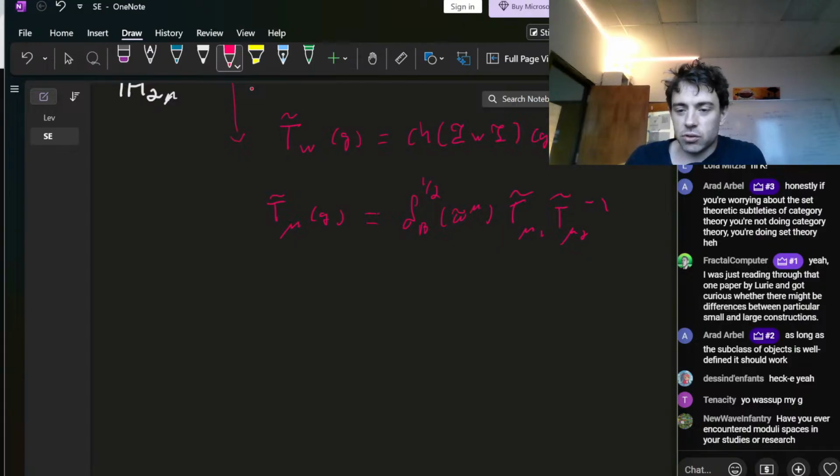Have I ever encountered moduli spaces in my studies or research? Yeah, certainly. The varieties that I work with can be thought of as a coarse moduli space of Langlands parameters. In a sense, I work with some moduli spaces. I have some very old videos on the geometry of SL2Z, which are also coarse moduli spaces for complex elliptic curves.